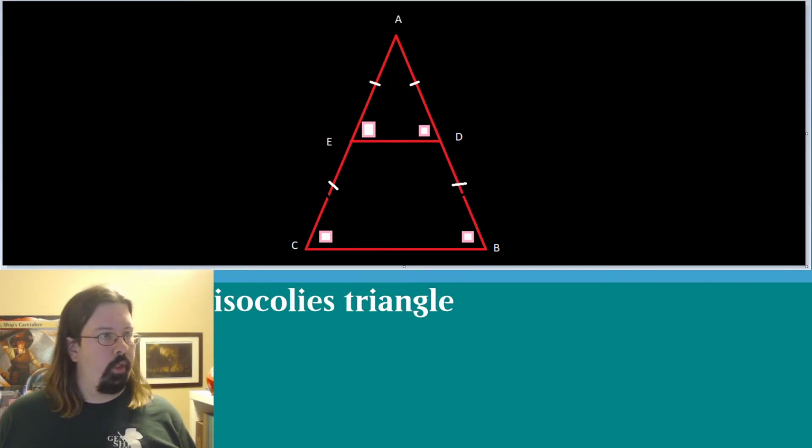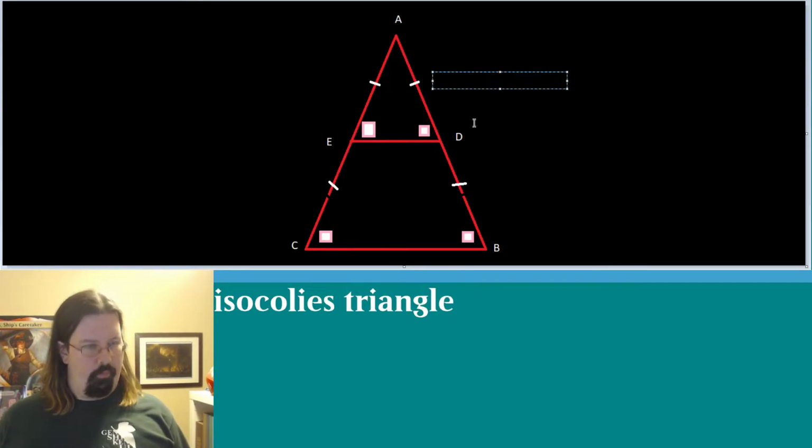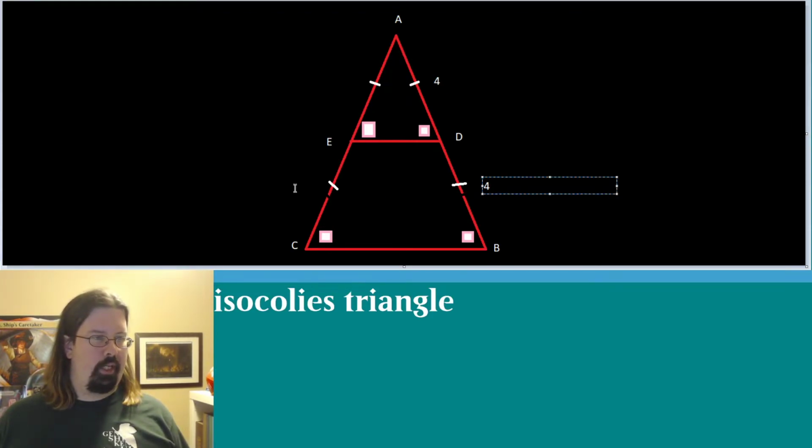Okay? So, if I have up here, this is a length of, you know what's really useful? Having white text. Well, that's a length of 4. Then this is a length of 4. That's a length of 4. And that's a length of 4.